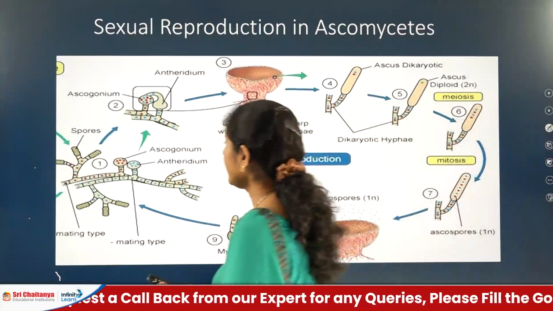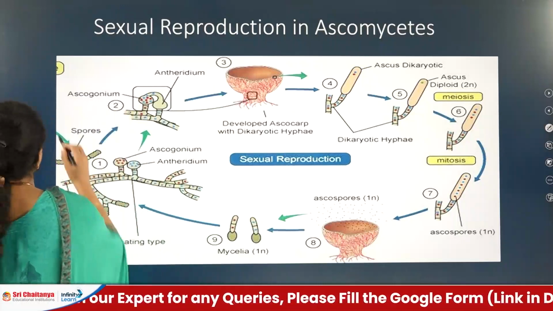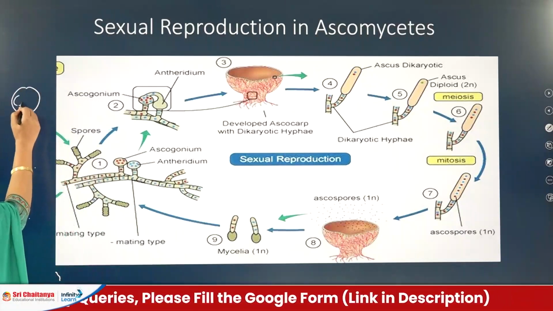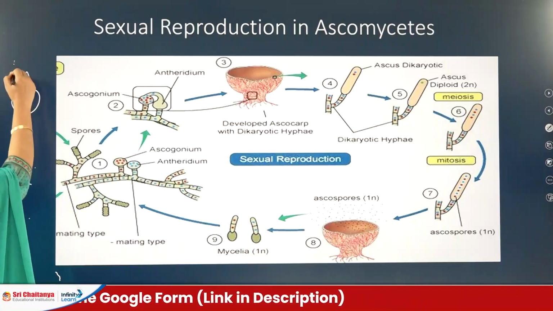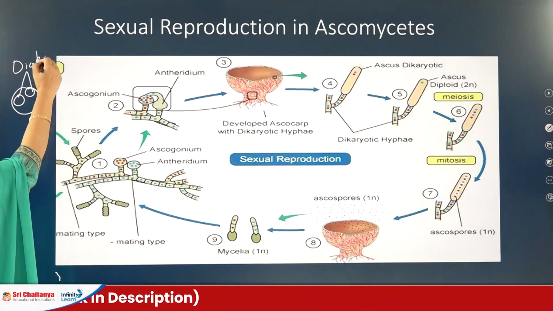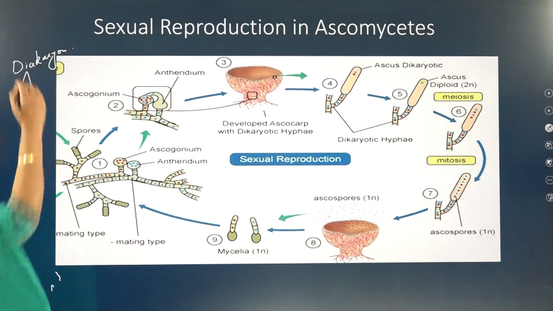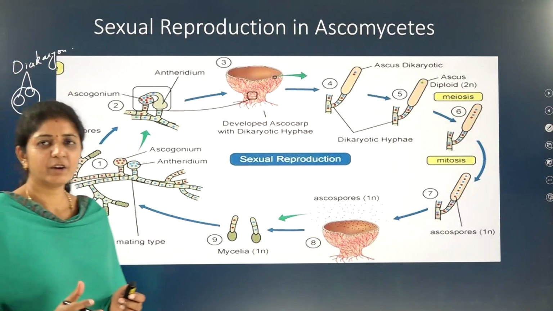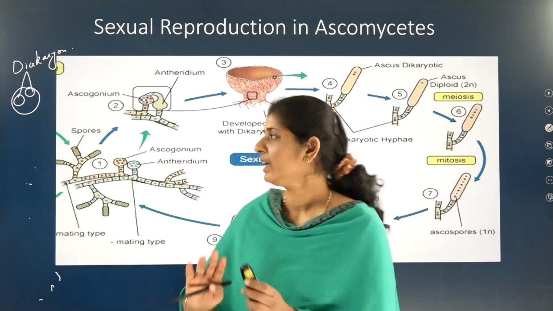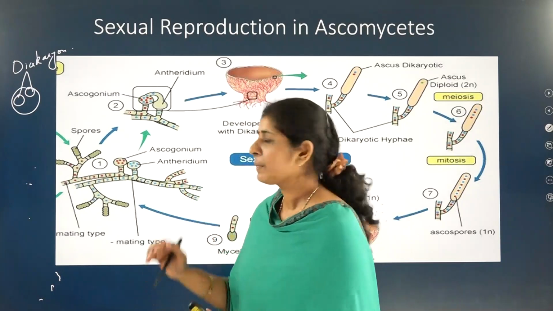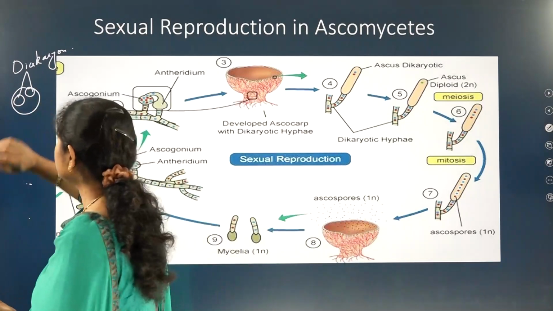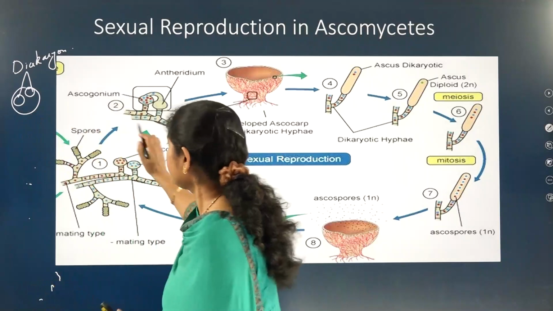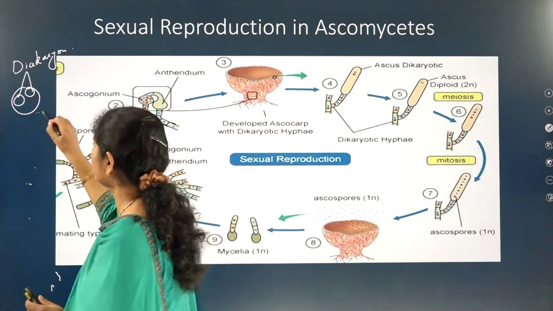So come out with the result. Can I say here at the last, we are getting some structures which is having two nuclei? Can I call it the dikaryon stage? Are you getting that? What do you call it, a dikaryon stage, having two nuclei in one cell. Fine. Now what will happen? This dikaryon stage will be on some mycelium, right?